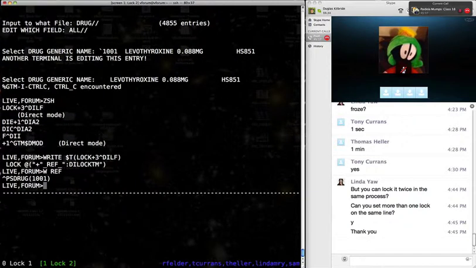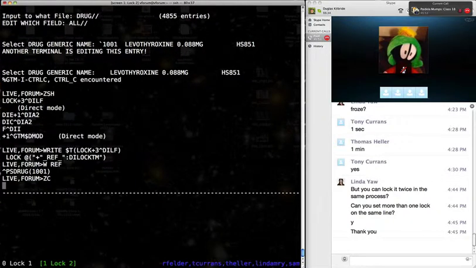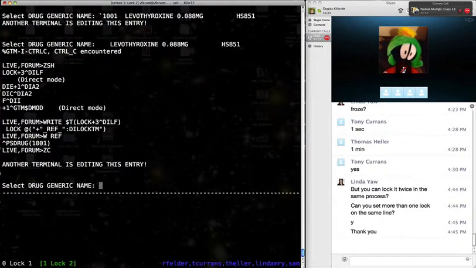So let's see what ref is. And here is ref, PS drug of 1001. So this is important. You'll notice here that FileMan is actually doing the locking for you. You don't have to do anything special. All right. And now we continue our wait, and it's going to tell us somebody else is editing this.